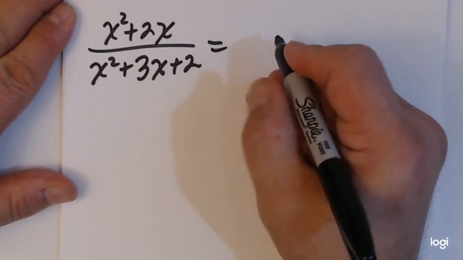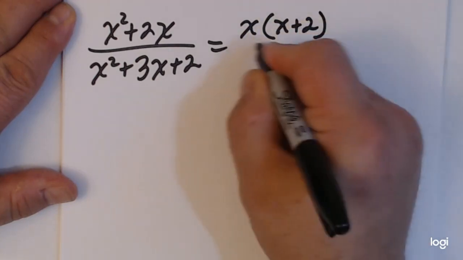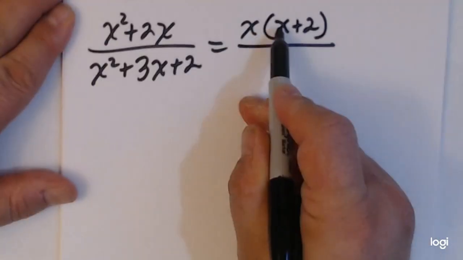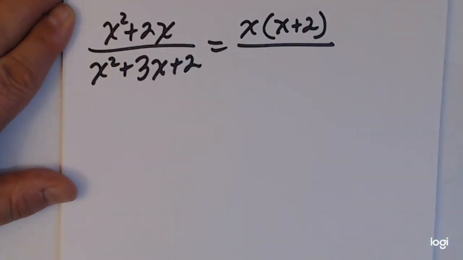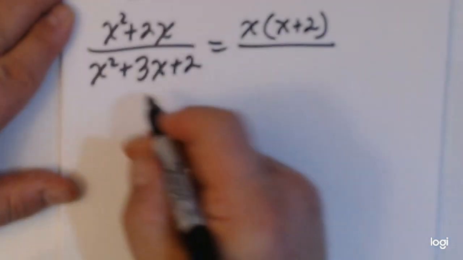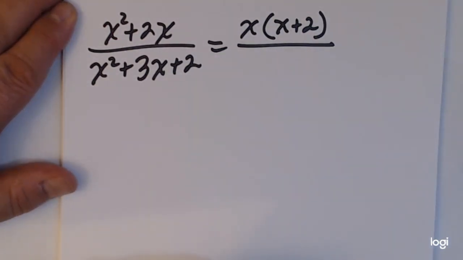Looks like we can factor out an x there. So it's x times x plus 2, right? Because x times x is x squared, and x times 2 is 2x. And in the denominator, well, we have a quadratic equation. It's a parabola.